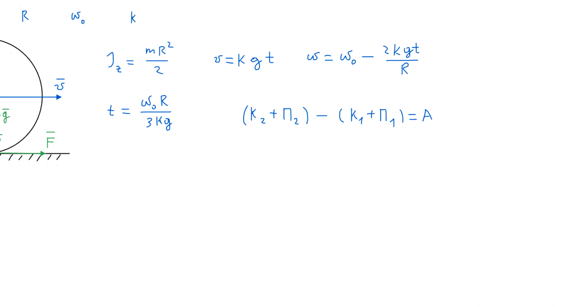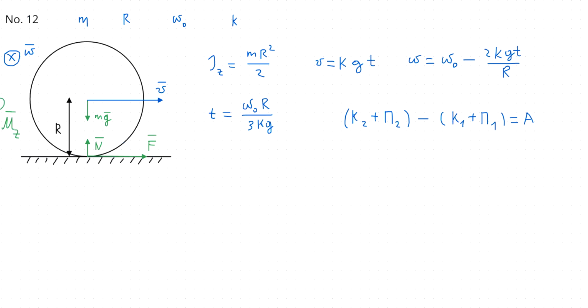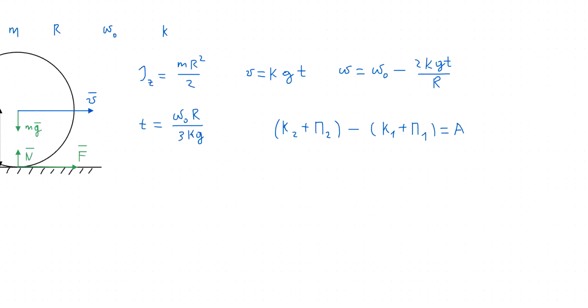A is the first letter of the German word arbeiten. Arbeiten means work in German. So because of this, we use the letter A. Okay, and this is kinetic and potential energy. Finding potential energy will be simpler. What can you say about potential energy?